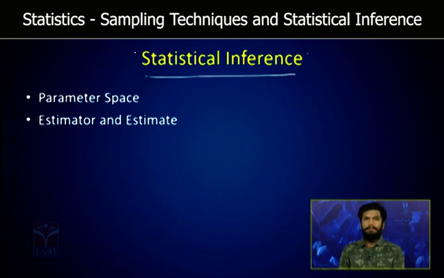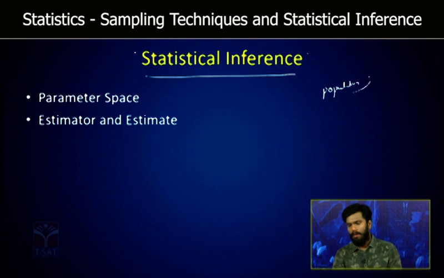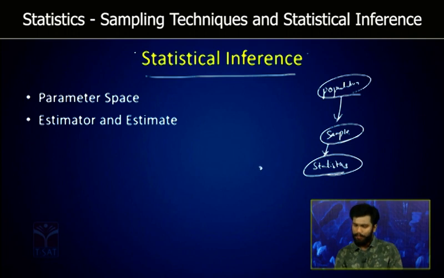Statistical inference. We have taken a population, and from that population we have considered a sample. From this sample we will find different statistics. It may be a mean, a standard deviation, a range or anything.